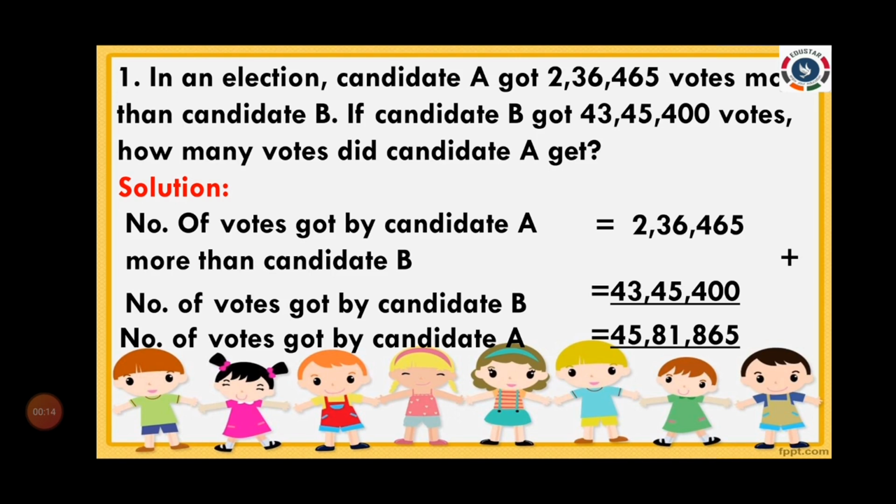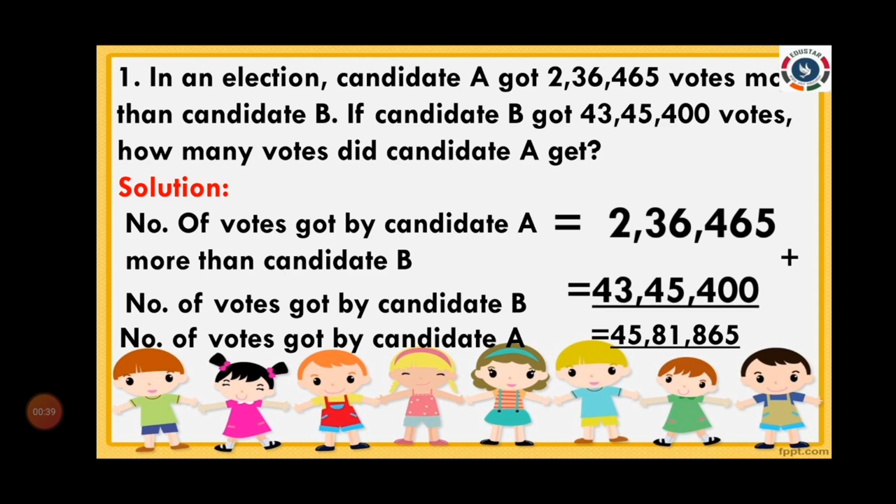Okay, so now I'm going to explain the solution part. Number of votes got by candidate A more than candidate B, how much? It is 2,36,465. The number of votes got by candidate B is 43,45,400. As I already told, you should add the values.